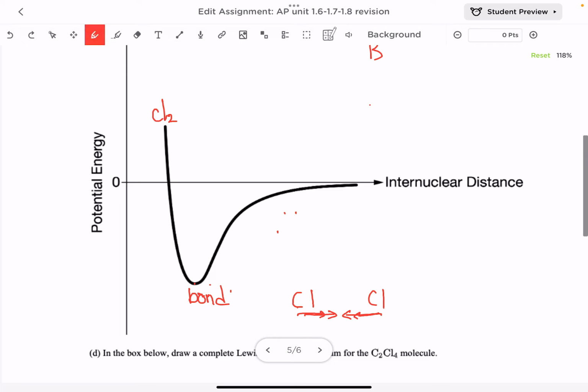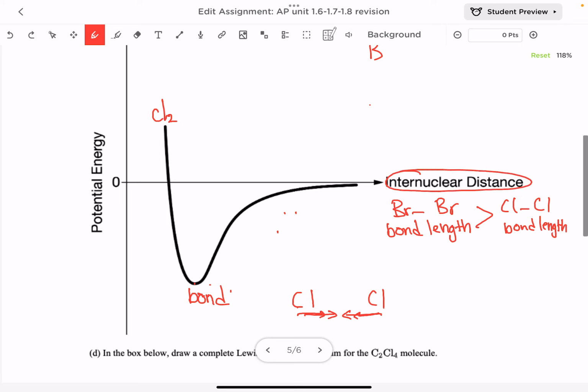So in this case, if I want to draw a curve for the Br2, the curve has to have this same shape, but the minimum will be to the right, because the atom of Br is larger, so the bond length of Br is greater than the bond length of Cl.